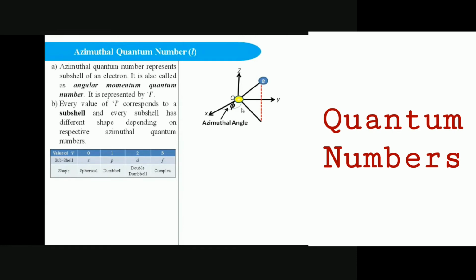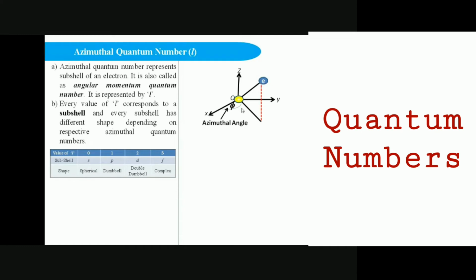If the l value is 0, meaning the azimuthal number is 0, it is spherical. If the azimuthal number is 1, it is p, that is dumbbell shape. If the azimuthal number is 2, it is d, double dumbbell. And if the azimuthal number is 3, it is complex. This azimuthal number is determined from the angular wave equation.